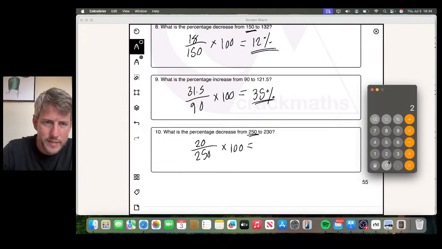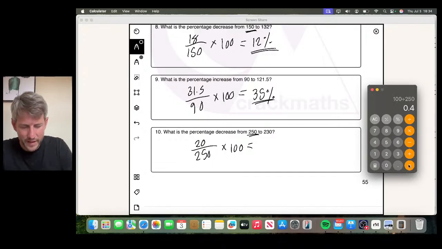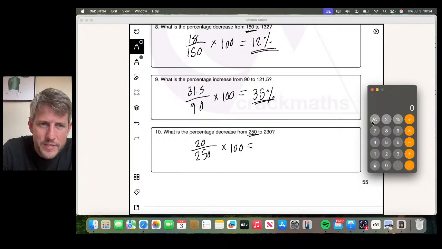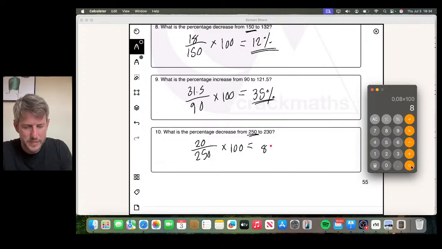So we have 20 divided by 250 equals 0.9 times 100, and that equals, wow, that's really low. 1 second, I've done something wrong. No, this isn't right, is it? Let me do that again. 20 divided by 250 equals 0.08, and then times that by 100, 8. So that was an 8% decrease.